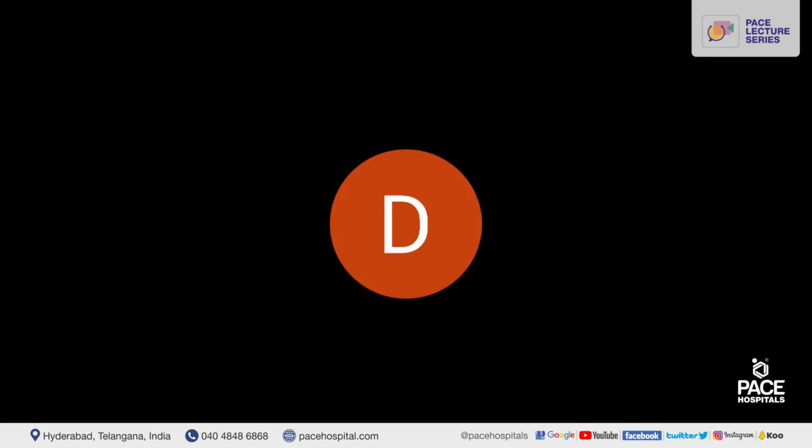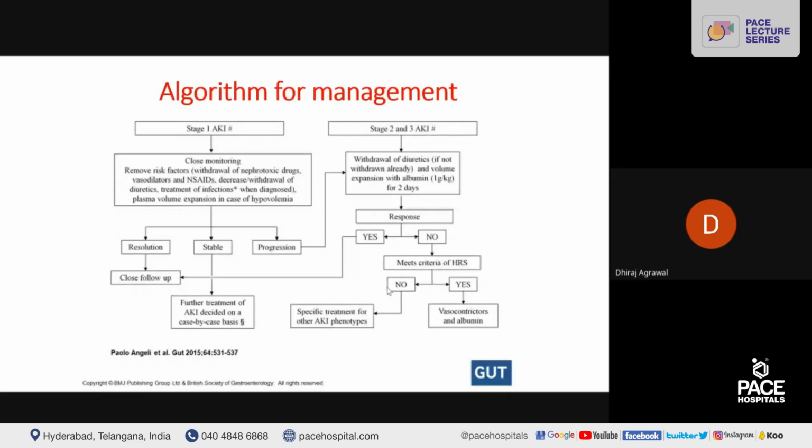Of course, they cause more sodium and fluid retention. They all have a role in ascites only, because ultimately they will lead to ascites. The mechanisms are basically the same. Without causing ascites, they cannot affect the kidney. If the mechanism is so profound that it is leading to renal vasoconstriction and decreasing the effective volume going to the kidney, then there has to be ascites by the same mechanisms. Got it.